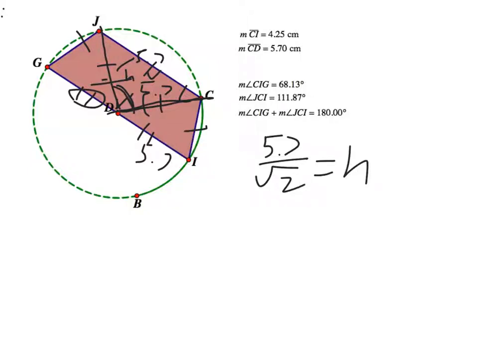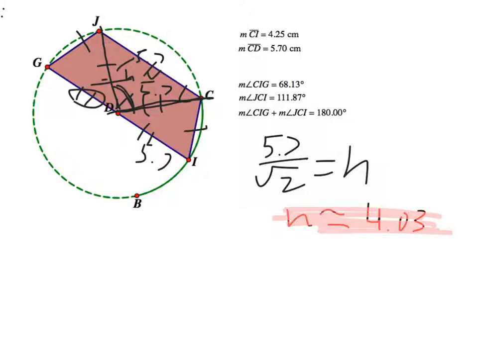So h is approximately, if we plug this into our calculator, 4.03. That is major in our quest to find our answer, because we can now find the top height and the bottom height, and we will be able to get our area through doing that.